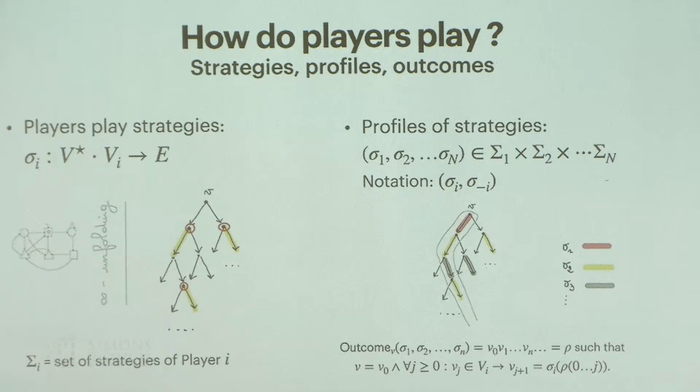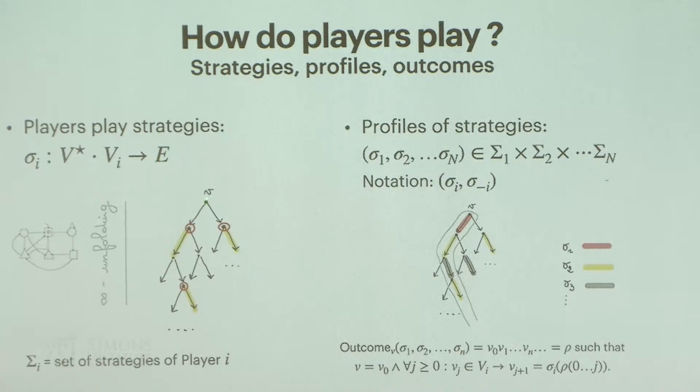And then I will manipulate notions like strategies and profiles of strategies along the talk. So let's make it clear what those are. A player plays according to a strategy. The strategy is simply a function that, given a history that ends in a vertex that belongs to the player, chooses an edge leaving that vertex.